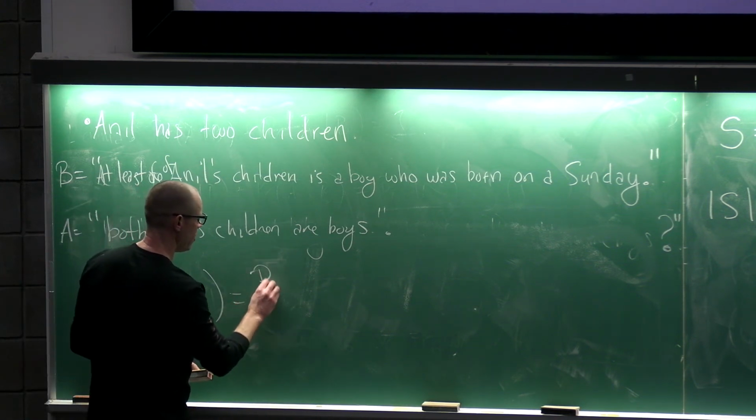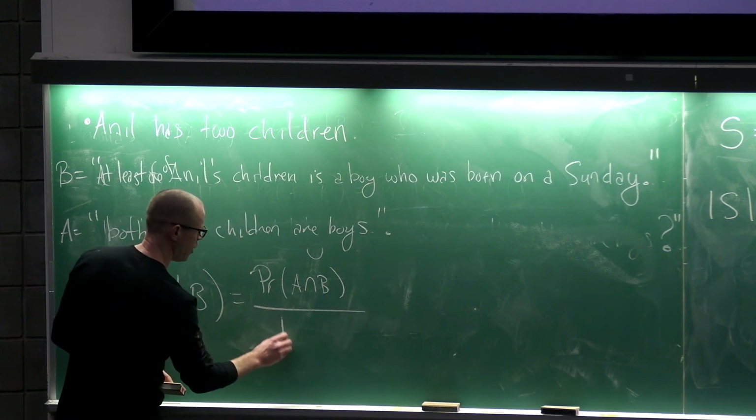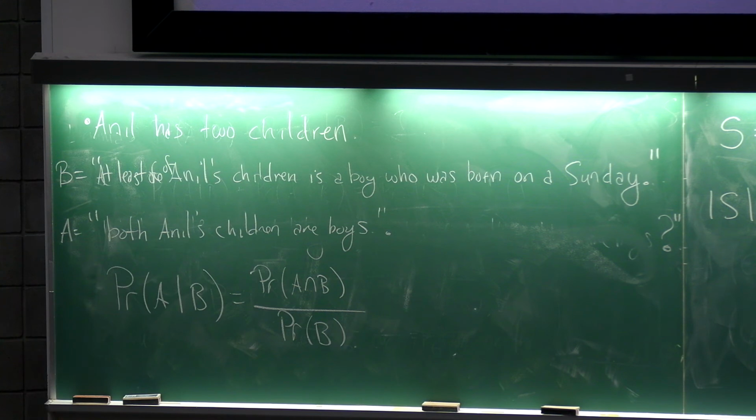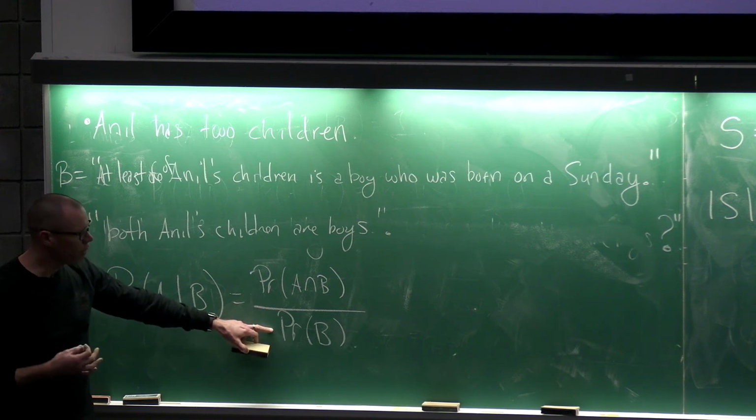This is the probability of A and B divided by the probability of B. Maybe the easier one to compute is the probability of B, or this event B.